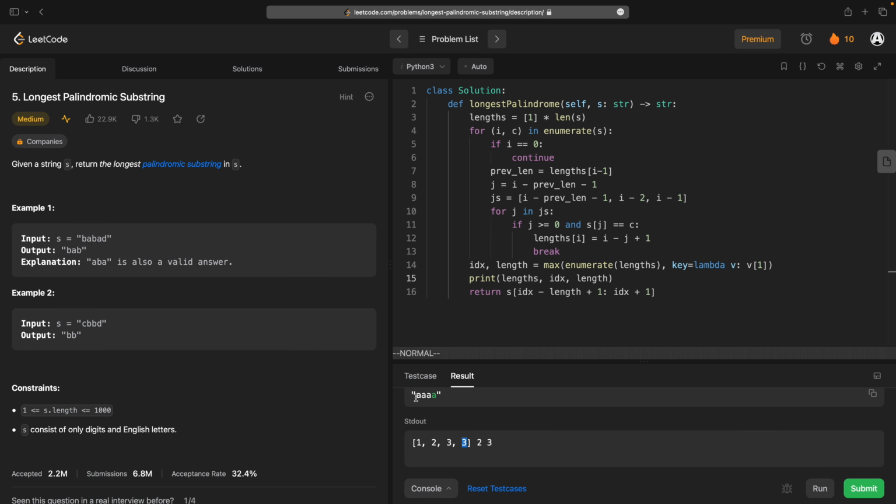And that's because it couldn't extend this palindrome by adding another thing here. Ah, this is weird, because there's sort of 2 palindromes for this one.